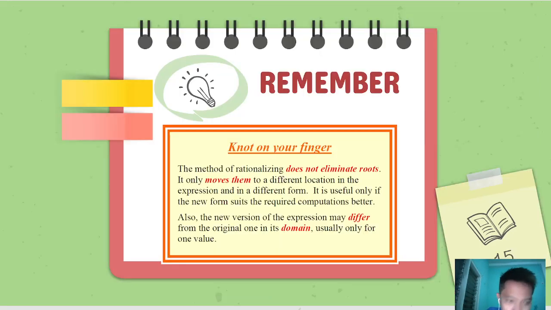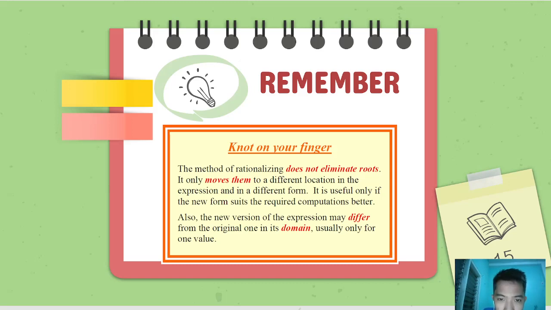Always remember, the method of rationalizing does not eliminate roots. It only moves them to a different location in the expression and in a different form. It is useful only if the new form suits the required computations better.